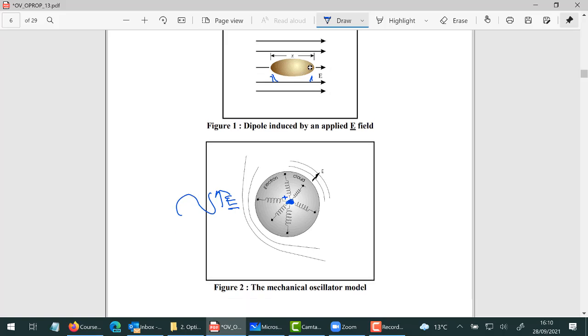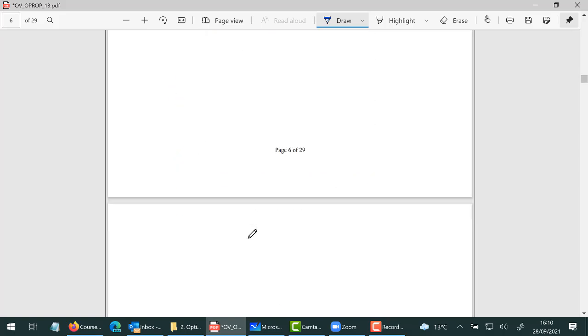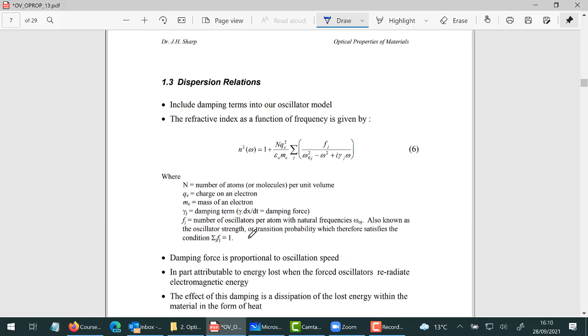So for the whole model, then we can compare it to driven damped oscillators that we've seen before, and hopefully the equation, or bits of this equation, will not be a surprise to you. So if we just think about this part here, then you'll see that we've got a natural frequency, we've got a driving frequency, and we've got an imaginary term here which is representative of the damping in the system.